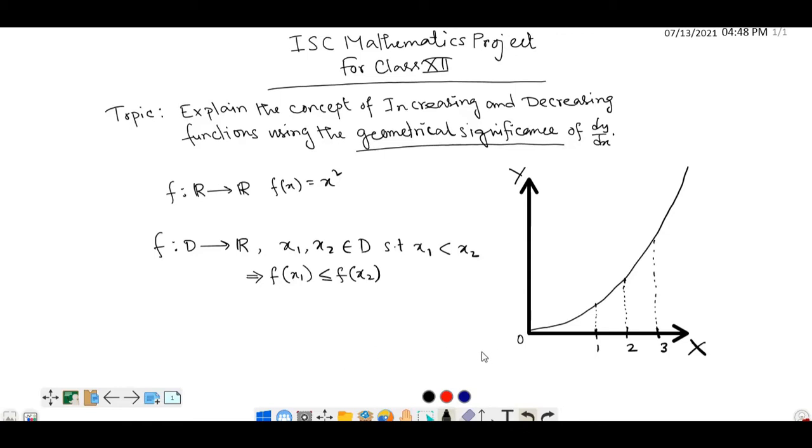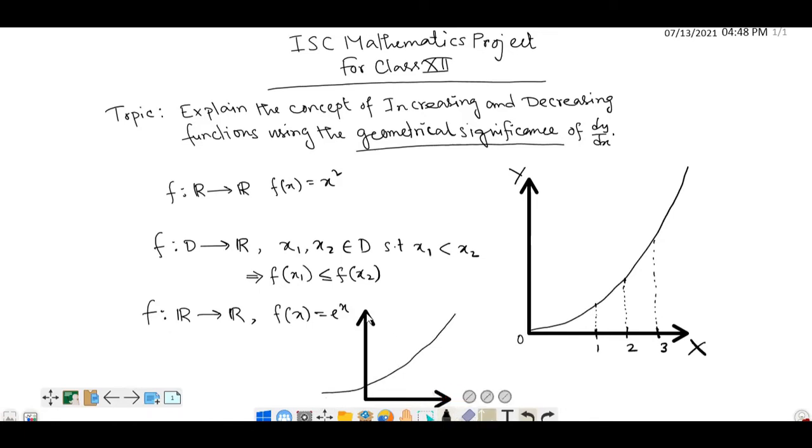As also for the following function, say f from R to R, f(x) equal to e to the power x. For this one also you see, in the same way, if you take the axis, then you'll see the graph of e to the power x is something like this. On the two-dimensional plane, it will always look like this.